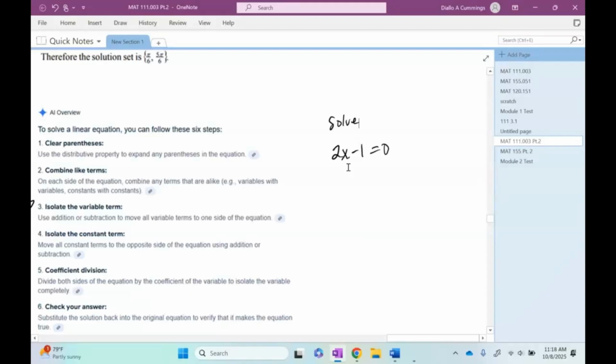So in order to do that, I'm going to move the other items over. On the actual notes, it says to use addition or subtraction. I'm going to simply transpose. Transpose means that once you move any term across your equal sign, you simply change its sign.